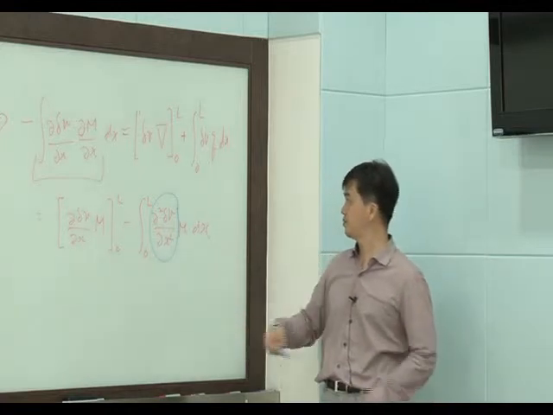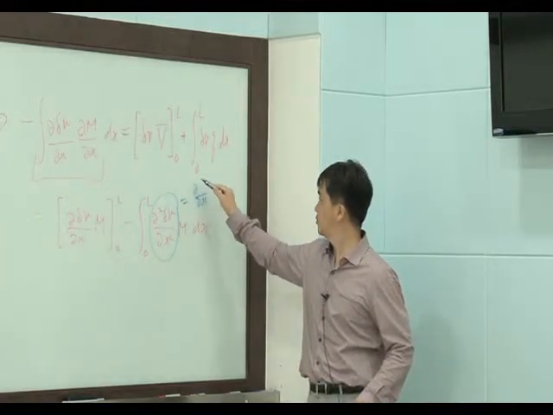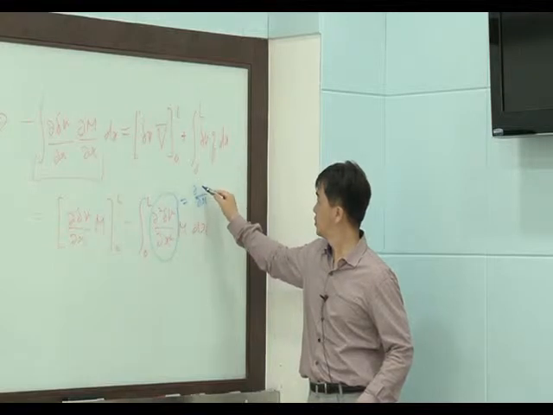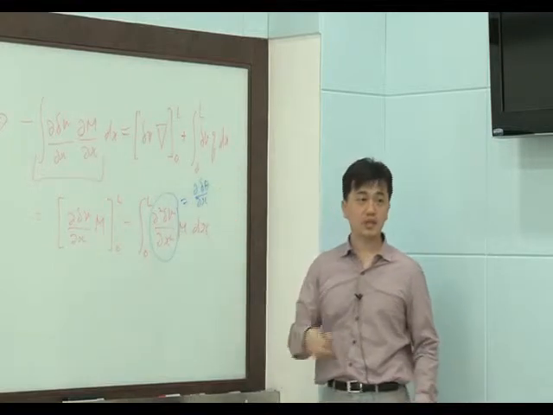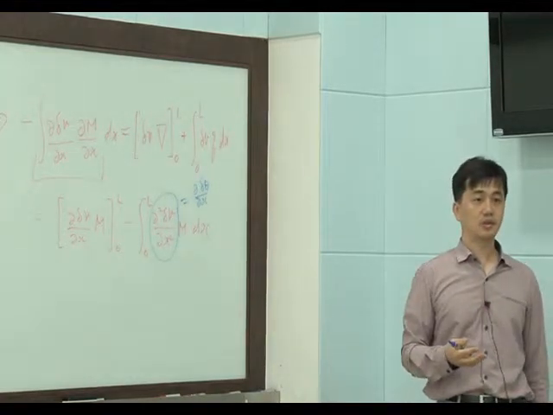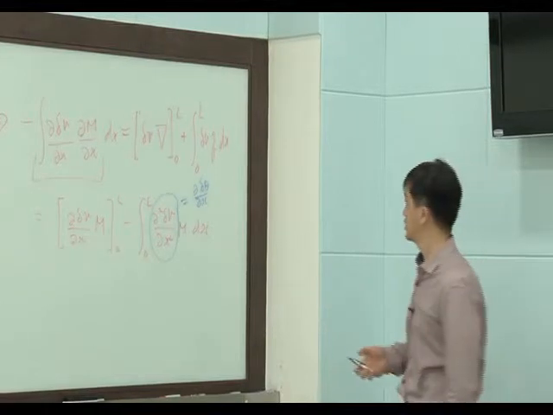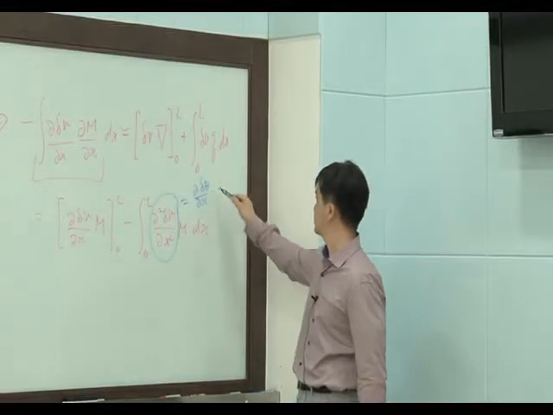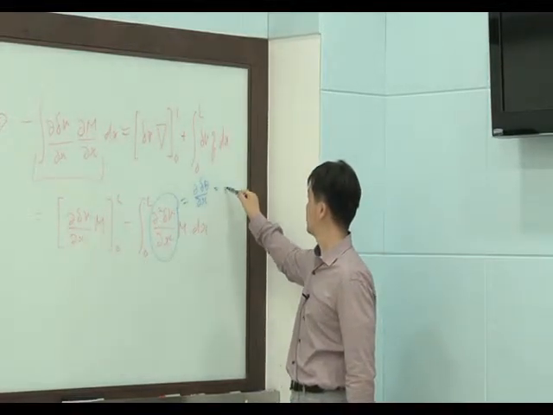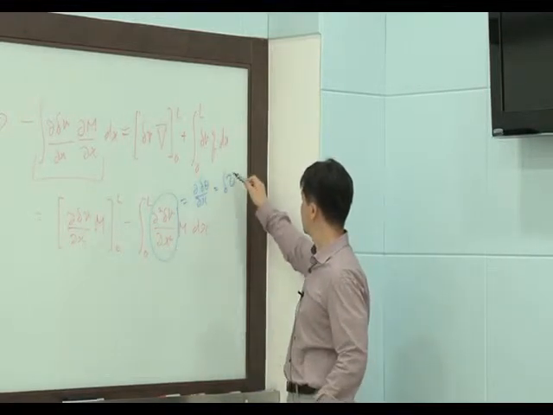This just becomes the derivative of the rotation. If we take the derivative of the rotation, what can we have? This is curvature. Let's say this is curvature, like kappa.